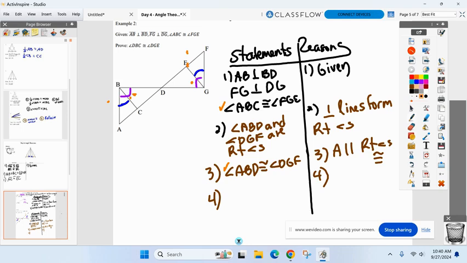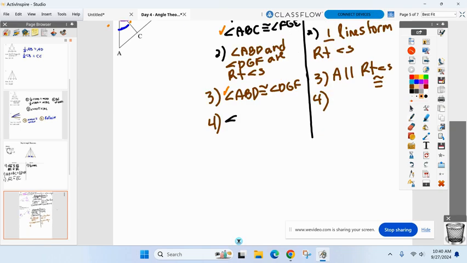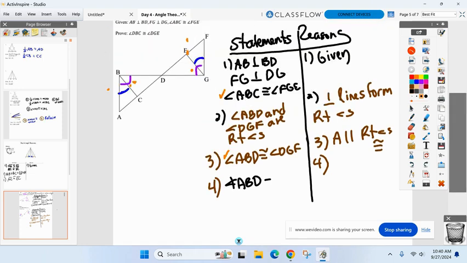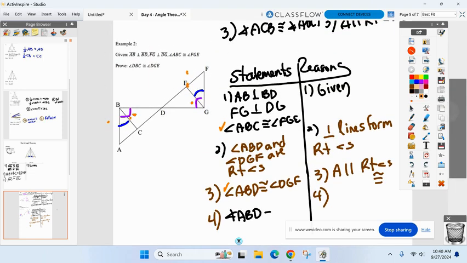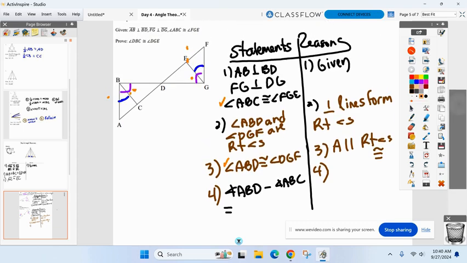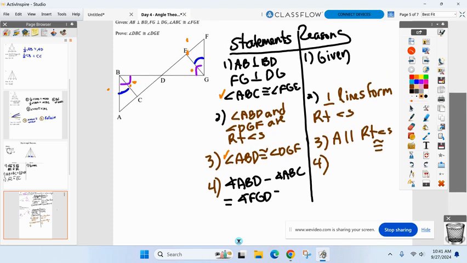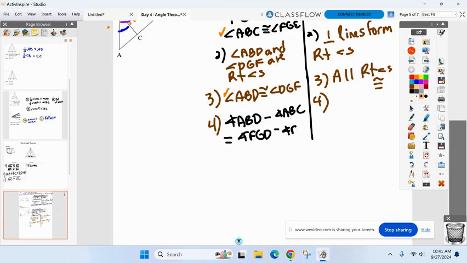Now I can subtract. Right angle minus the given angle. So angle ABD minus, what am I going to subtract from ABD? ABC is the same as, and none of this is different, FGD, the other right angle, minus, what's that other one? FGE. Subtraction.